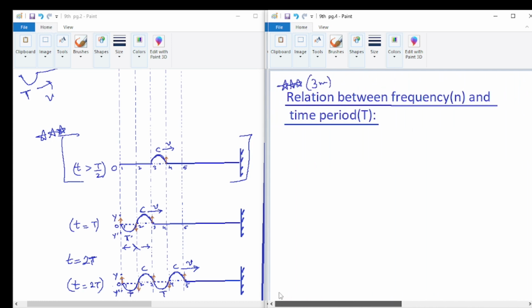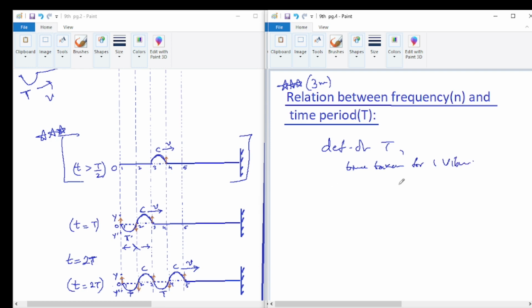Now, considering the relation between frequency n and time period t, first consider the definition of time period. What is the definition of time period? Time taken for one vibration.